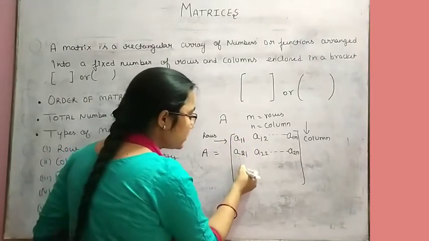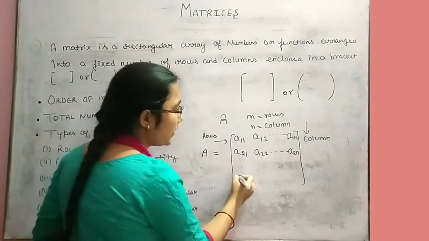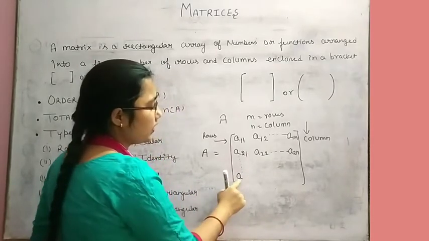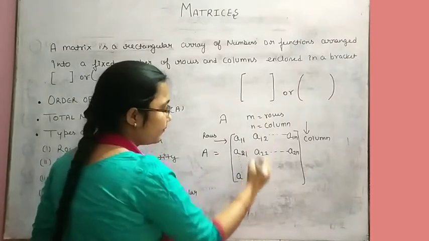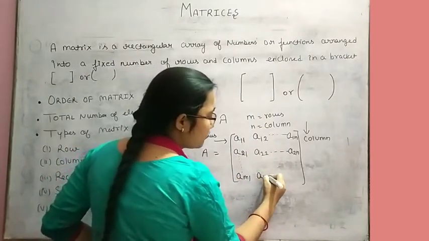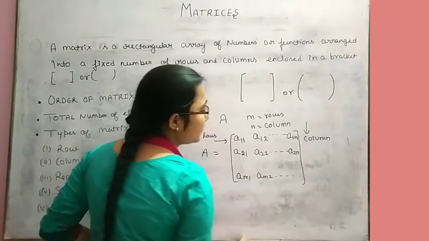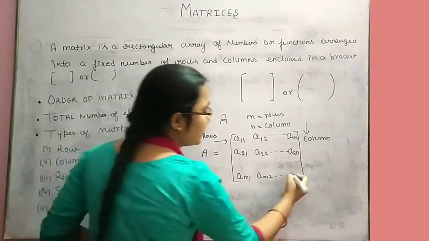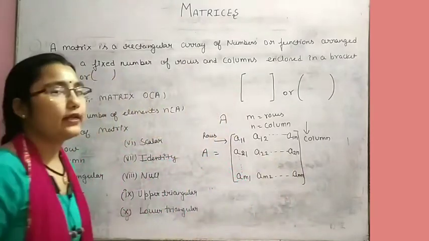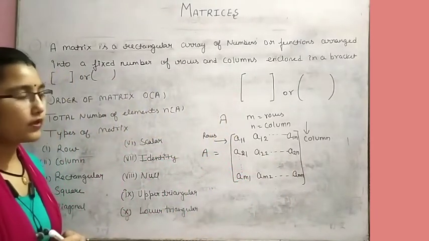If we proceed like this, in the last row we get the positions Am1, Am2 and so on. The last element is represented by Amn where m is the row and n is the column. Got it?